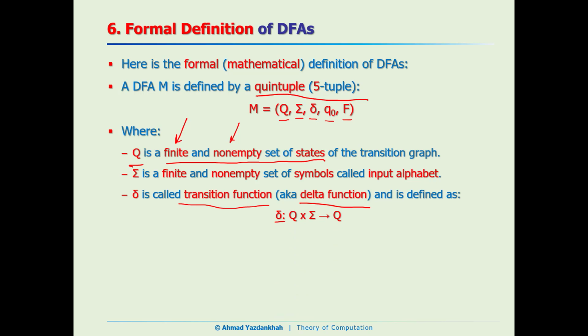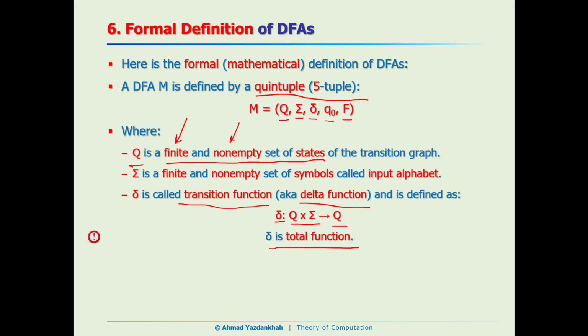This is the delta, the name of the function, and this is the domain, which is a Cartesian product between Q and the alphabet, and the range is Q. And the point is the delta should be a total function. That's a big story there, and we need to go over in detail why it should be a total function.